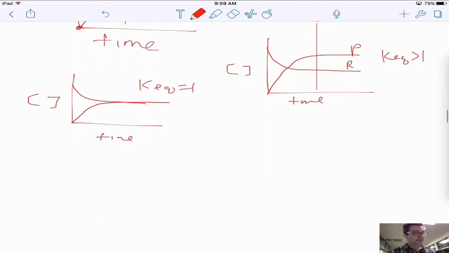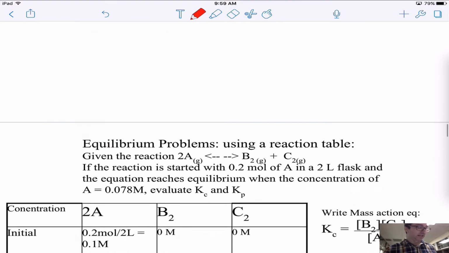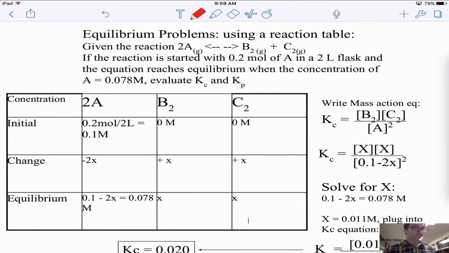All right, so let's get into some of the problems that you might see for equilibrium. And these are math problems that we're doing here. In this case, they give you a reaction, which I'll highlight up top here. And you can take a second to, if you want, pause the video and read this. And then they tell you stuff about each of the reactants.